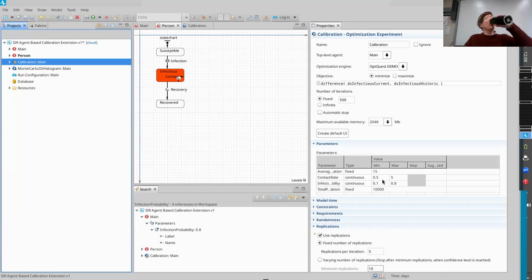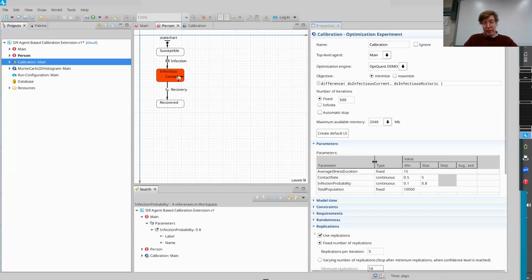You don't want to be optimizing multiple parameters where you could be optimizing one. I think it wouldn't be bad if we elected to instead optimize a different parameter, something like average illness duration instead.